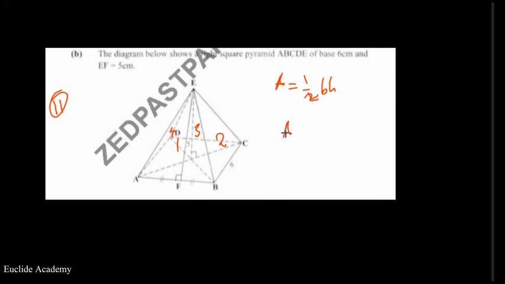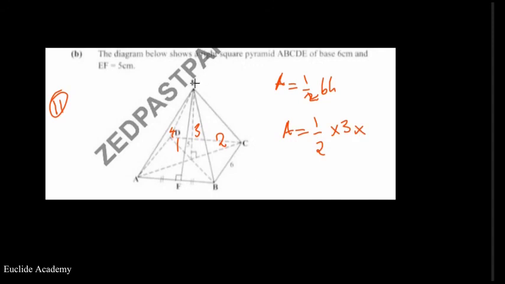Okay, so the area is equal to 1 over 2 times the base, from here to there is 6 centimeters, but we're only going to use here A to F, which is half of 6, which is 3.